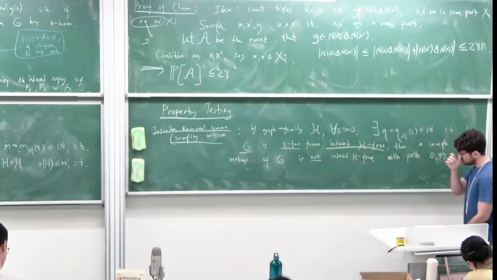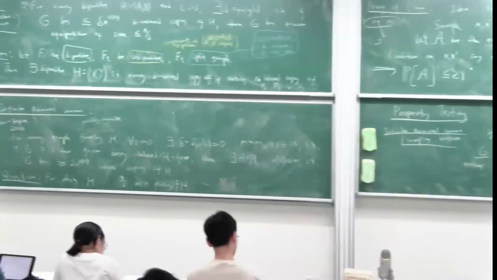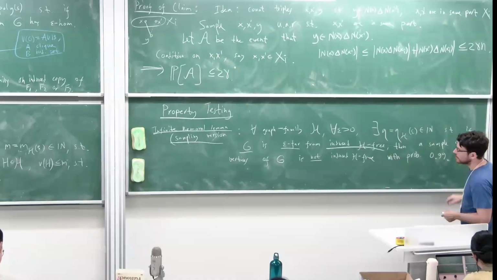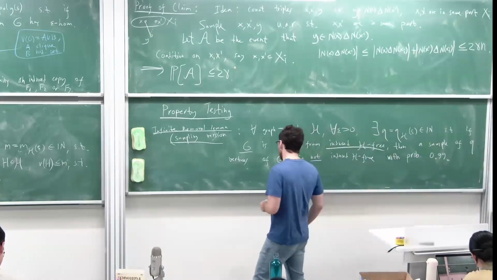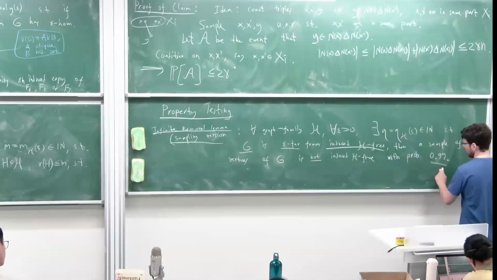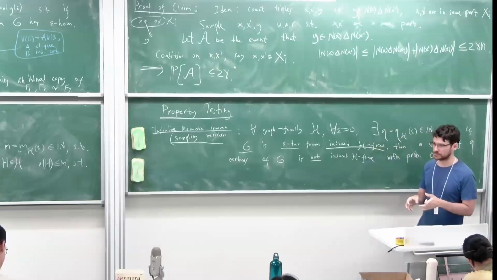Now the conclusion is a bit different. We take a sample of Q vertices from the graph, sampling vertices one at a time until we sample Q of them. And the conclusion is that with high probability, let's say 0.99, this sample is not induced H3.